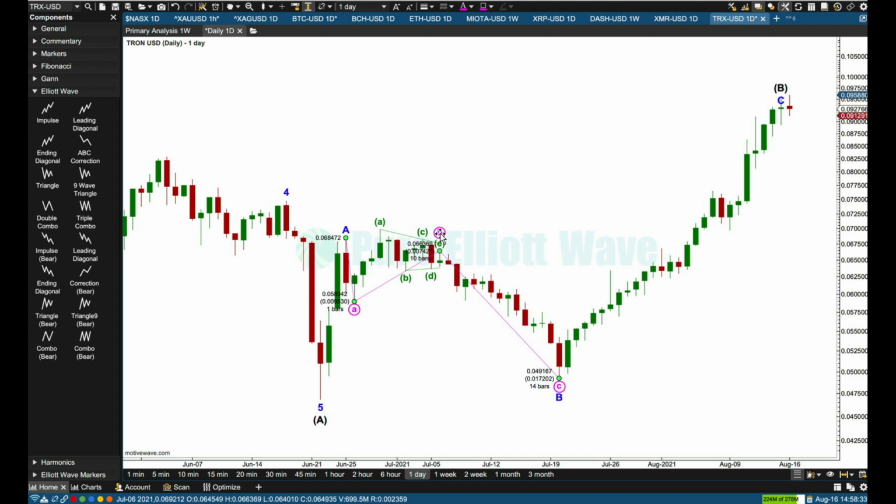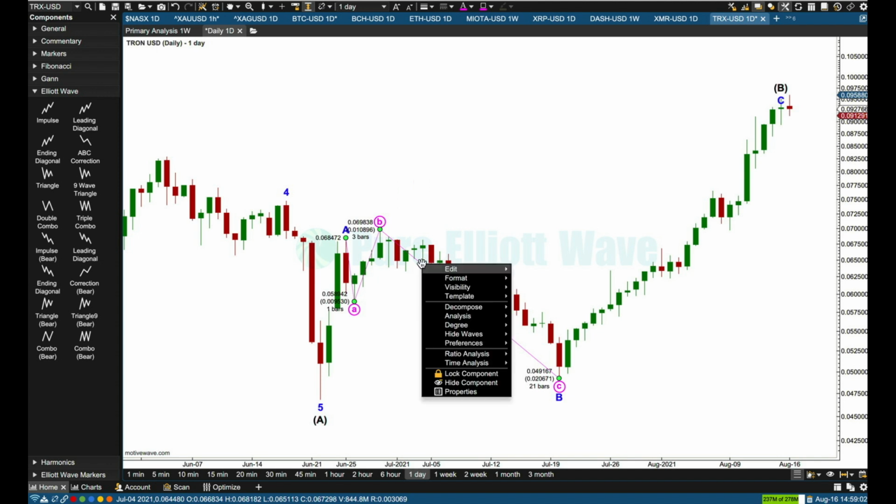If part of B moves beyond the start of A, then at its end it has to retrace a minimum of 90%, and I don't think it does here. So let's check the length of B to A. It's only 78%, so that would be invalid. So no, that can't be. That's wrong, which means that's where B ends and this is where C begins.